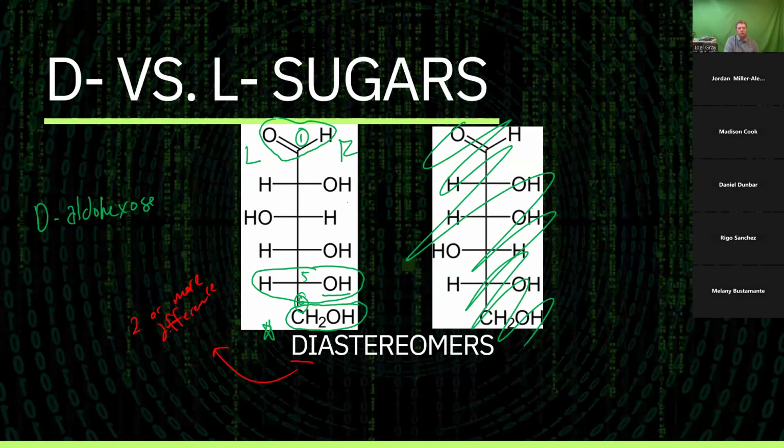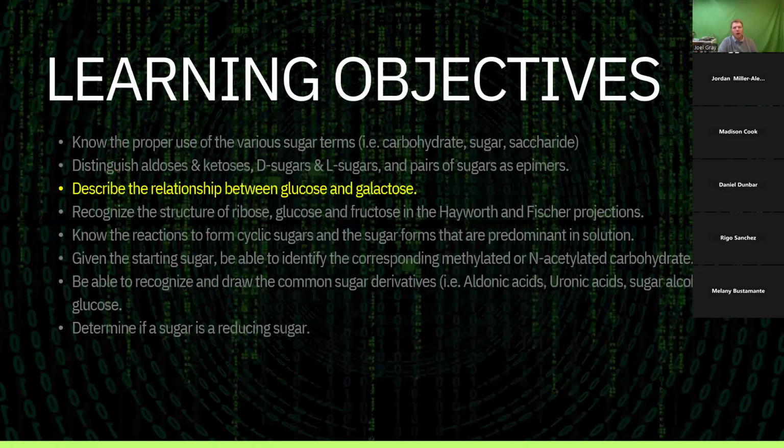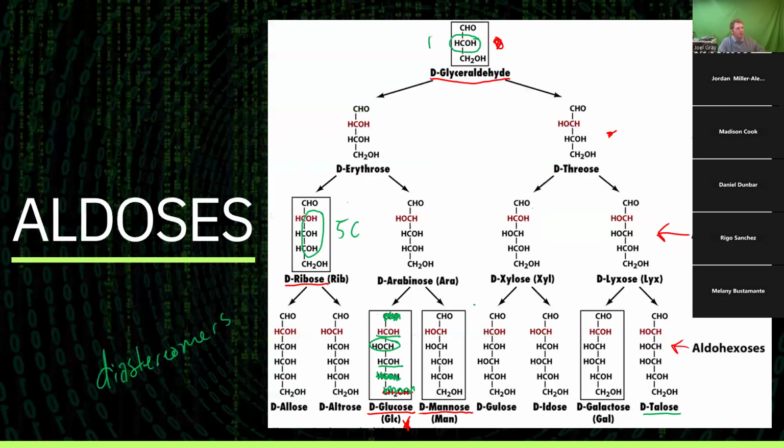The positioning of those OH groups is going to give us information as to the common name of that sugar. I'm jumping ahead because if you look at allose, altrose, glucose, mannose, gulose, idose, galactose, talose, they all have a different organization of their hydroxide groups on carbons 2 through 4. Allose is right, right, right.